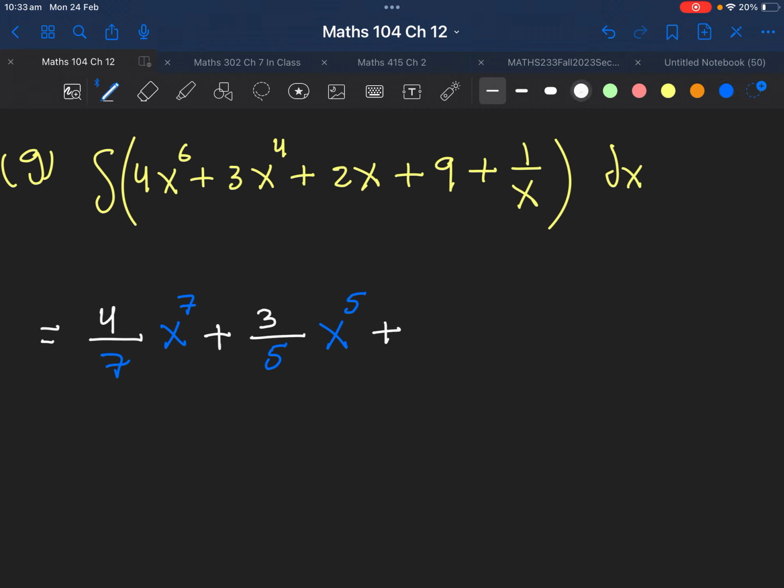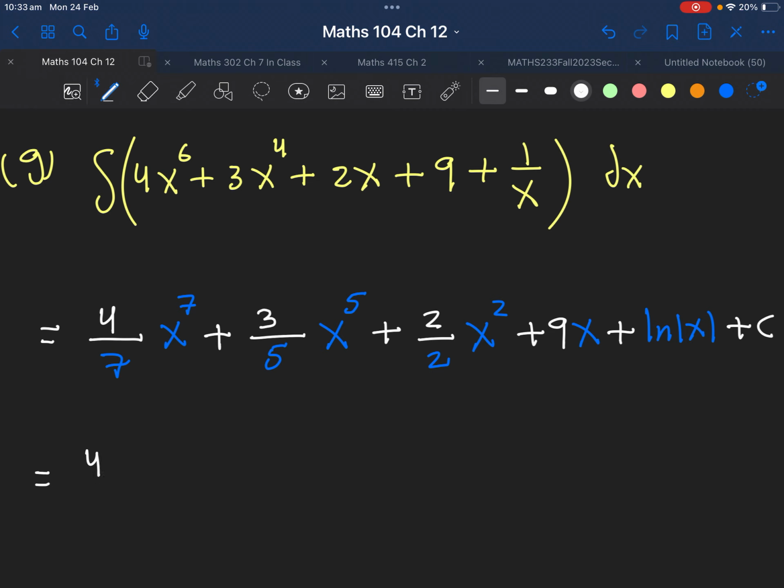Plus 2 times x power 2 divided by 2. Because for the integral of x, we just add 1 and divide by 2. Now 9x is straightforward. This will become 9 with x. And for ln x, the integral of 1 over x is just ln, usually we put the absolute value of x. Of course, don't forget plus c.